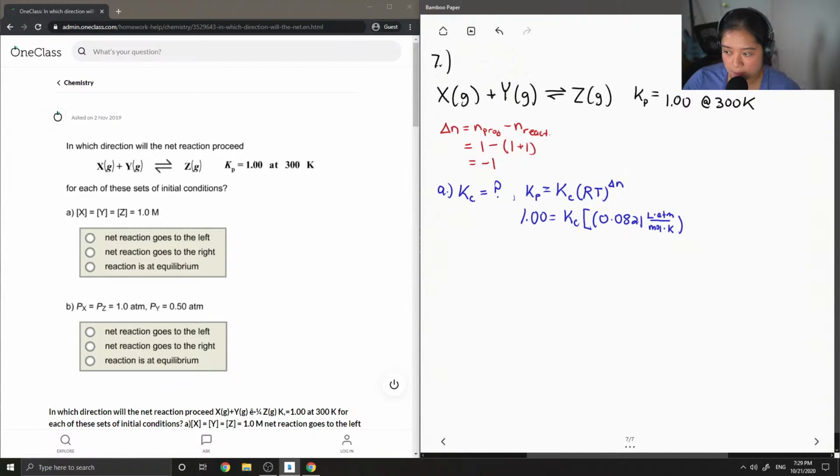So for instance, I'm using this value for R because of the units it's in. So for T, I put in my 300 K. And then all of this to the power of -1.